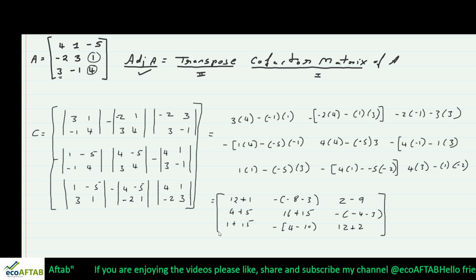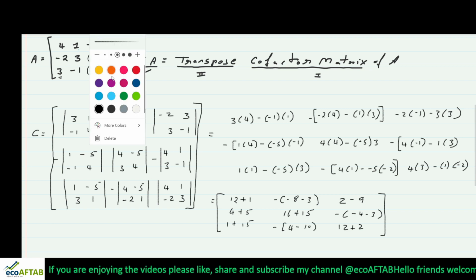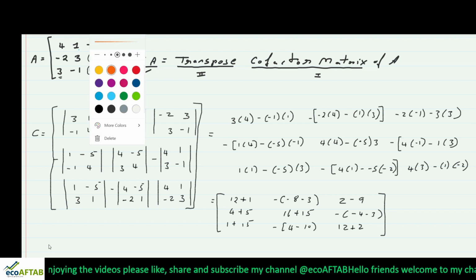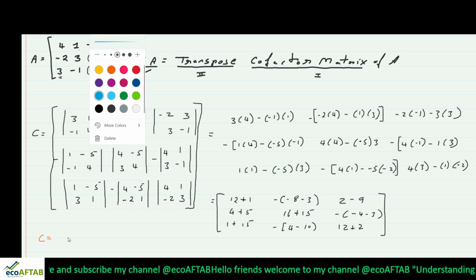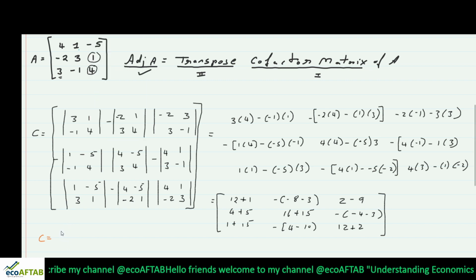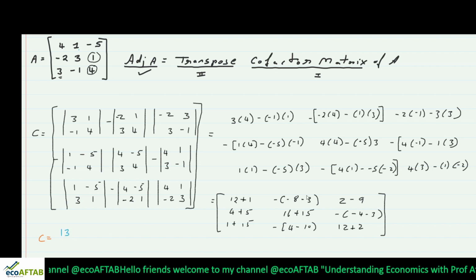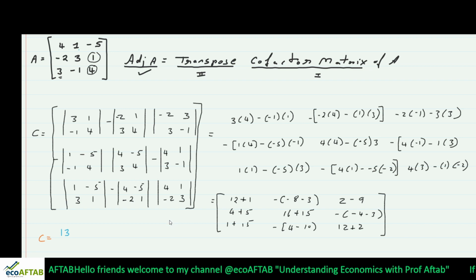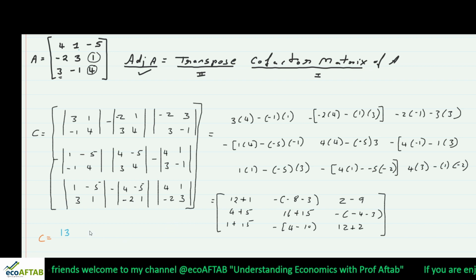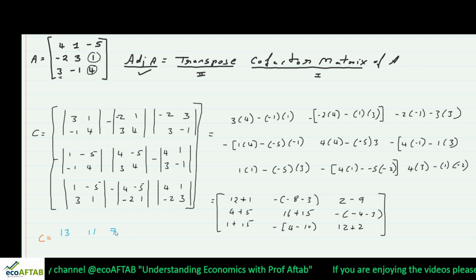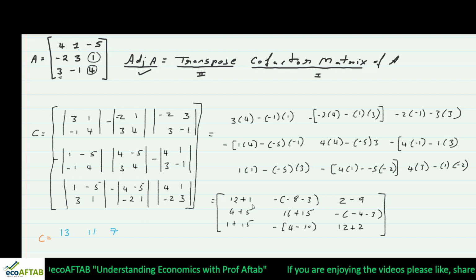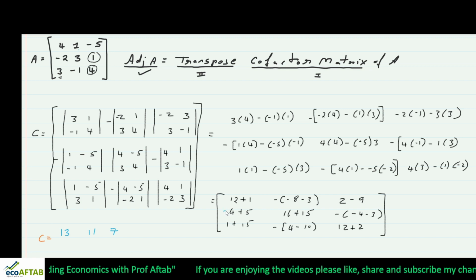what we get is, we can see it over here, C is equal to 12 plus 1, 13, minus 8 minus 3 is minus 11, minus into minus is plus 11, 2 minus 9 is 7, and this is minus 4 plus 1.